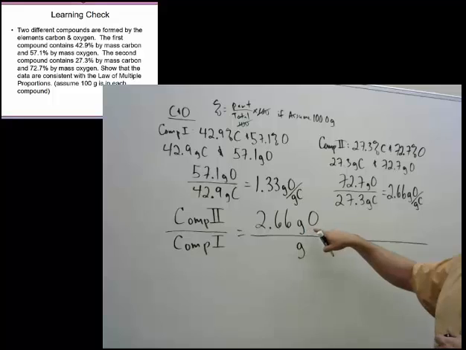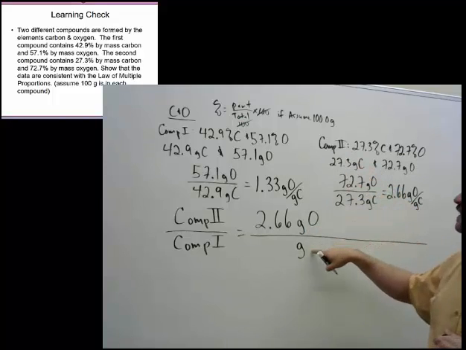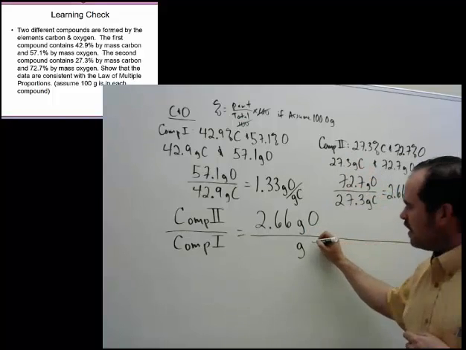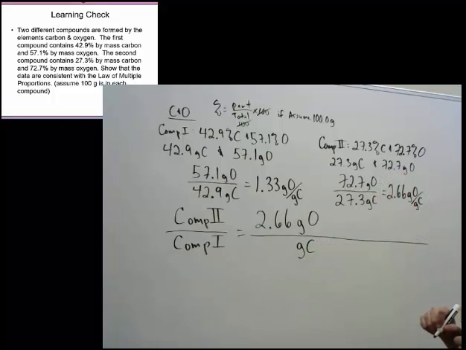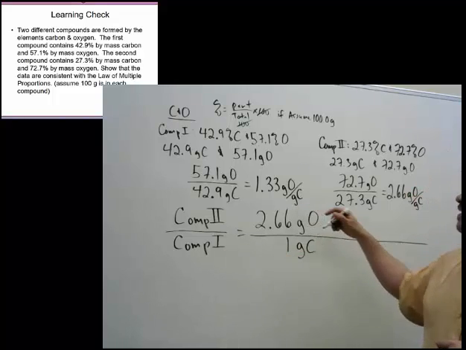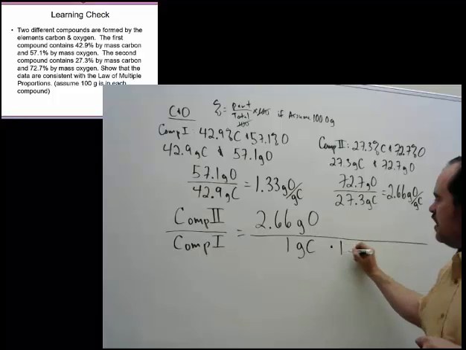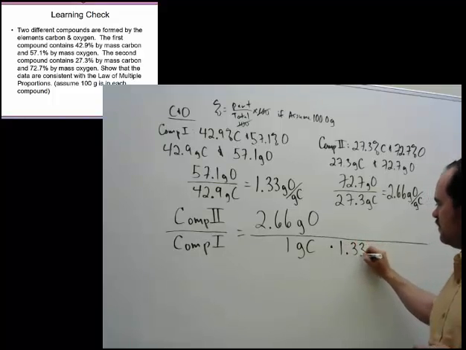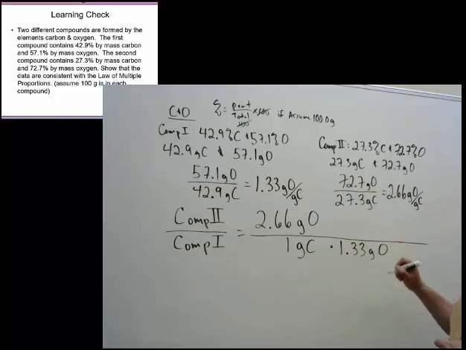It's 2.66 grams of oxygen in compound 2 divided by 1 gram of carbon. Now I divide it by compound 1, so what's the ratio there? What we have is 1.33 grams of oxygen, but it'll be per 1 gram of carbon.